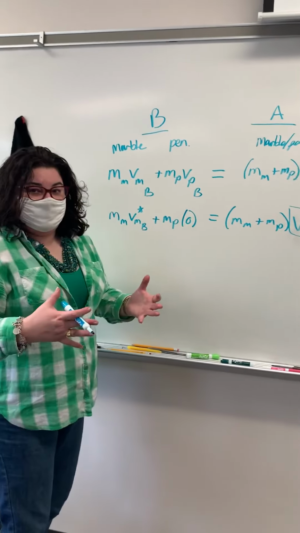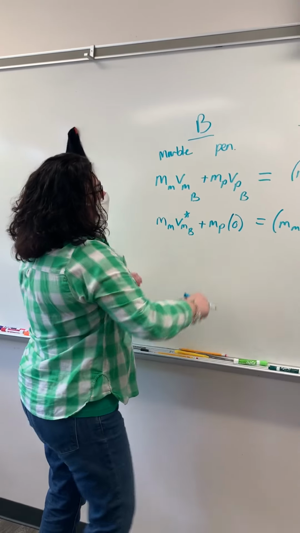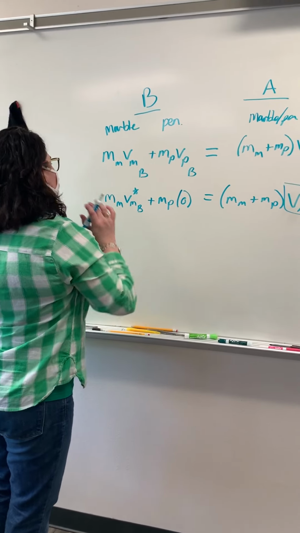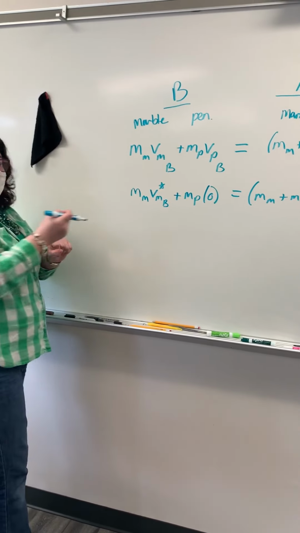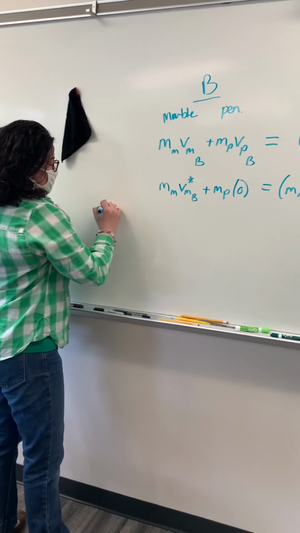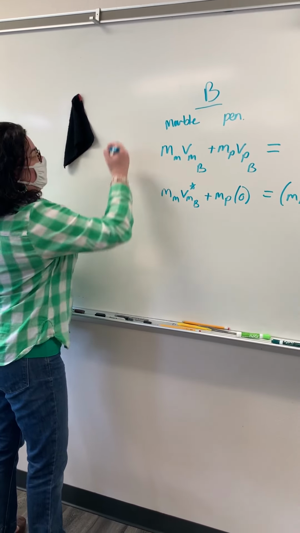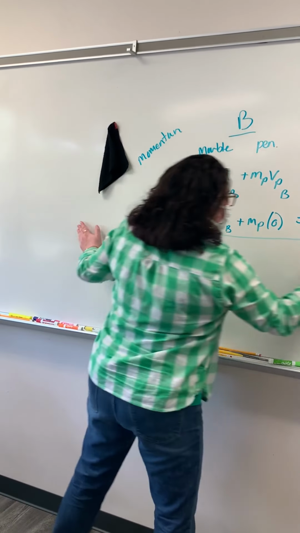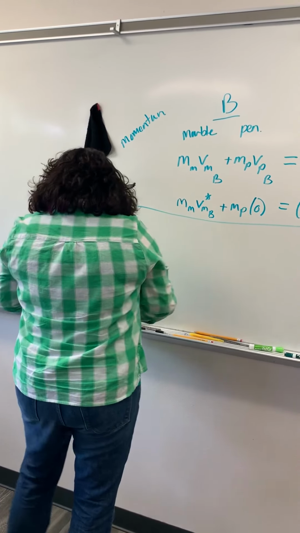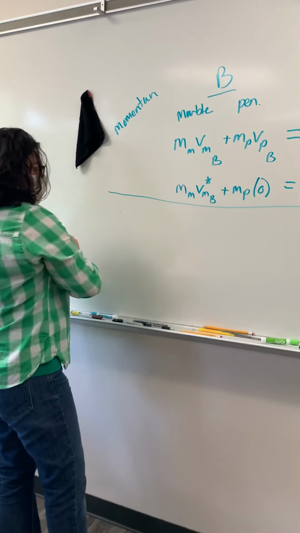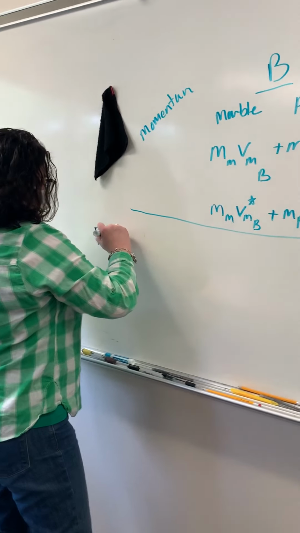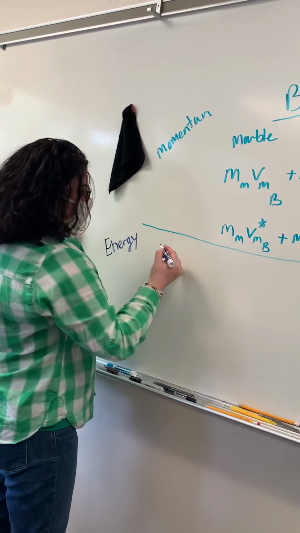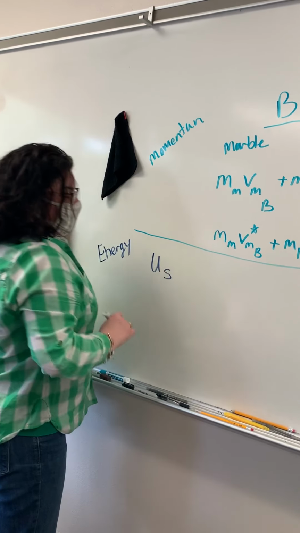Let's think about what energies. We're still going to think about before the collision and after the collision. So way before the collision, we pulled back the spring, right? So this is momentum up here. I'll change colors. And this is energy. Before we did anything, we pulled back the spring. So that is some type of spring potential.